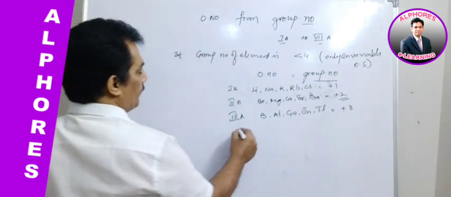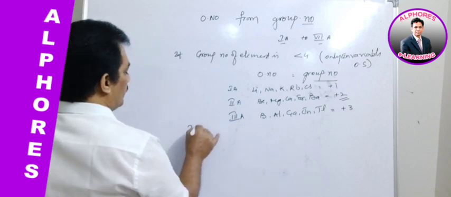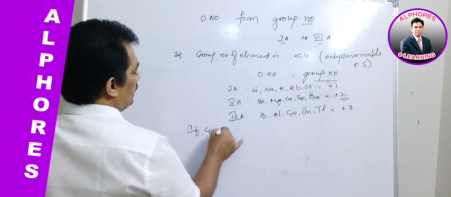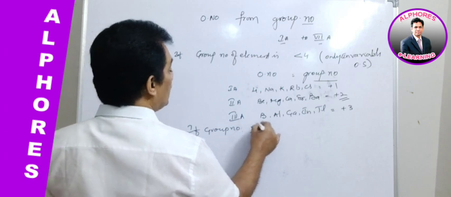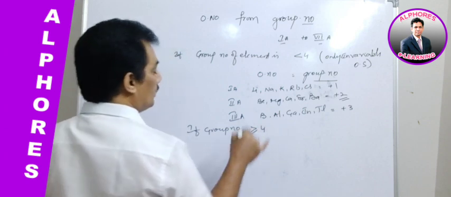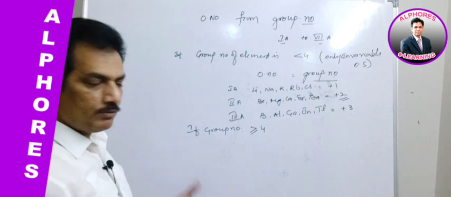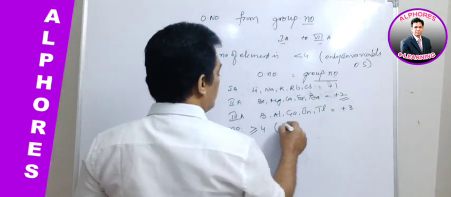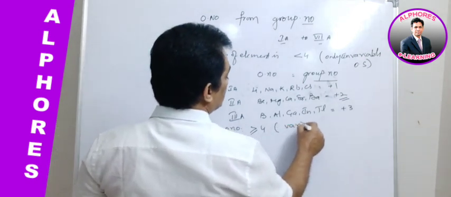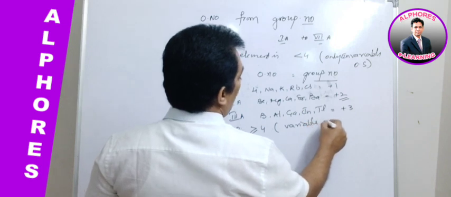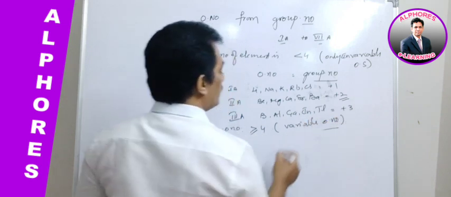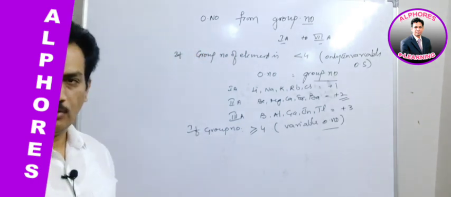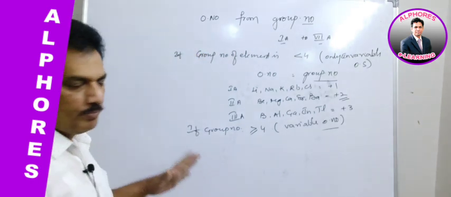Now, if the group number is greater than or equal to 4, then they exhibit variable oxidation states. Variable oxidation states or oxidation numbers means they exhibit more than one kind of oxidation state. Clear?